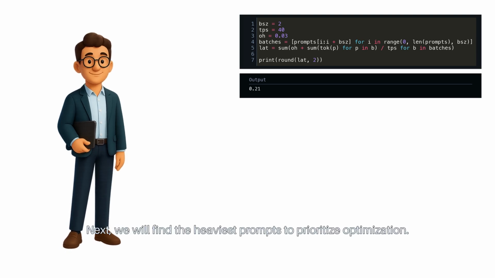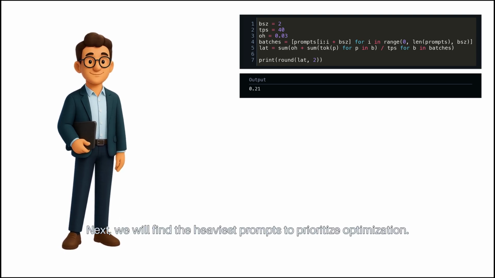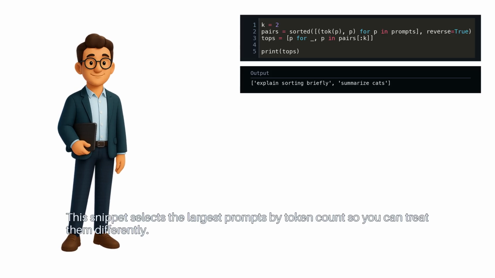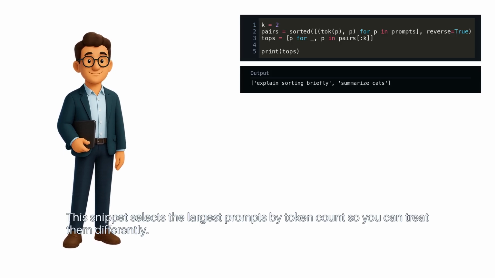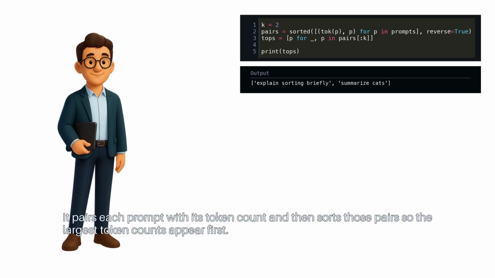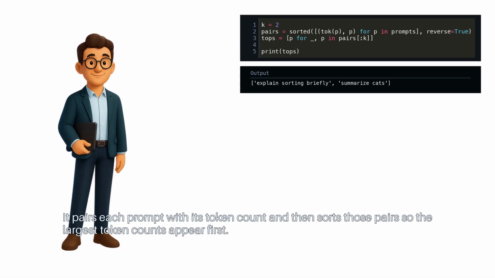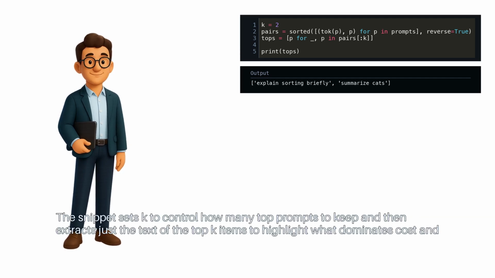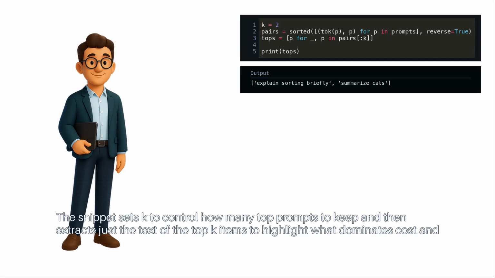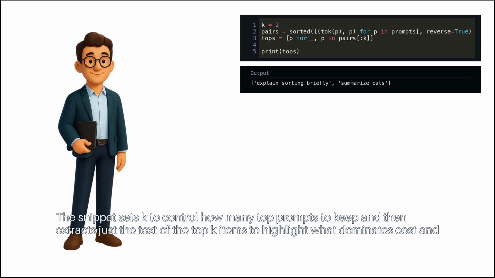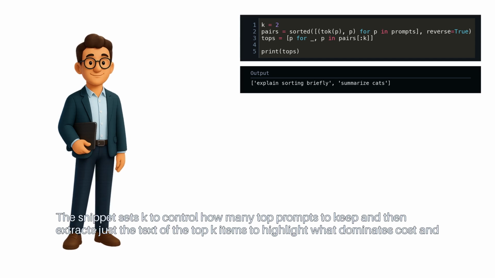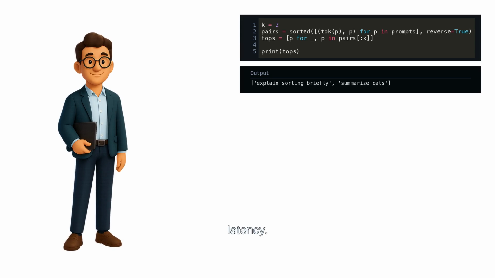Next, we will find the heaviest prompts to prioritize optimization. This snippet selects the largest prompts by token count so you can treat them differently. It pairs each prompt with its token count and then sorts those pairs so the largest token counts appear first. The snippet sets K to control how many top prompts to keep, and then extracts just the text of the top K items to highlight what dominates cost and latency.